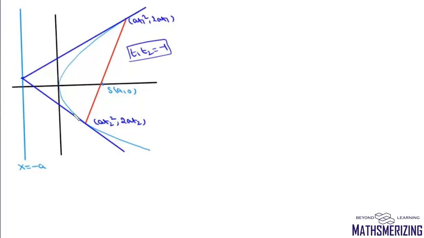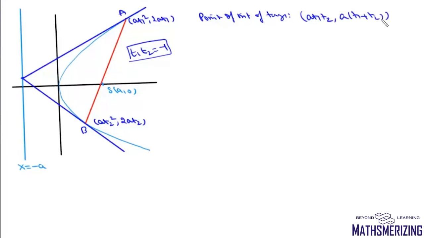Now if we draw tangents at these two points, say A and B, then we know that the point of intersection of tangents drawn at A and B will be a t1 t2 and then a times t1 plus t2. Now since A and B are endpoints of a focal chord, that means t1 into t2 is minus 1.